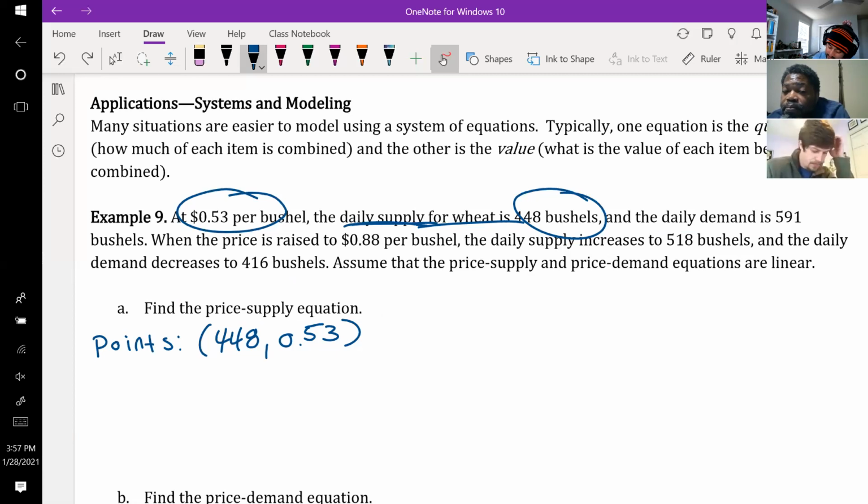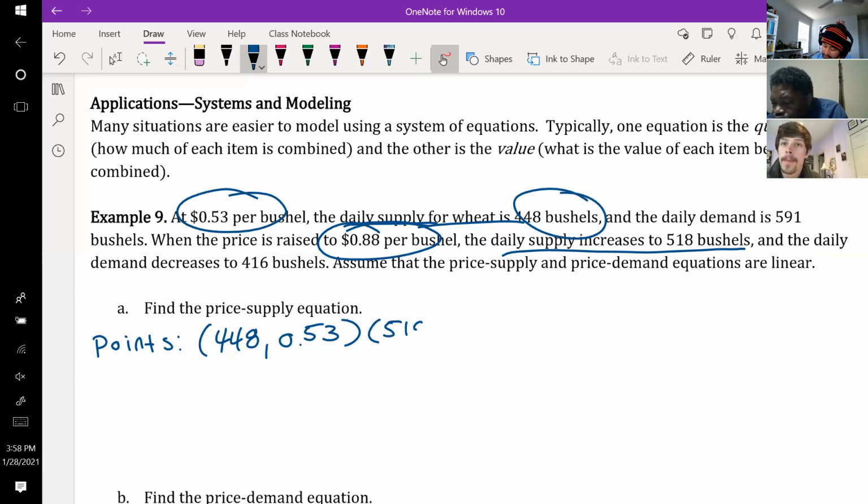It says when the price is 88 cents per bushel, then the supply increases to 518. There's our second point: 518, comma, 88 cents.